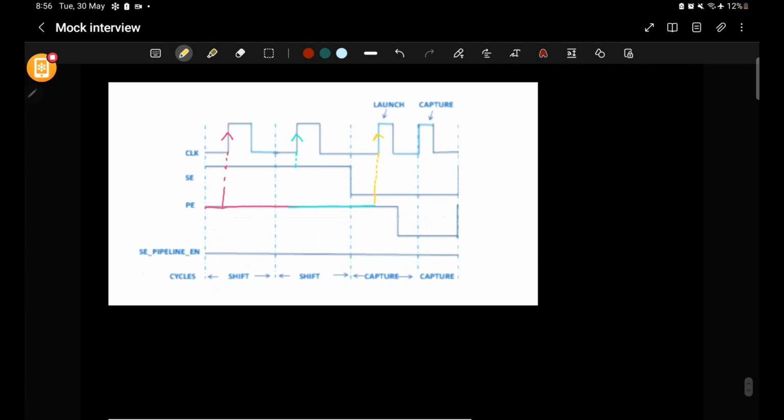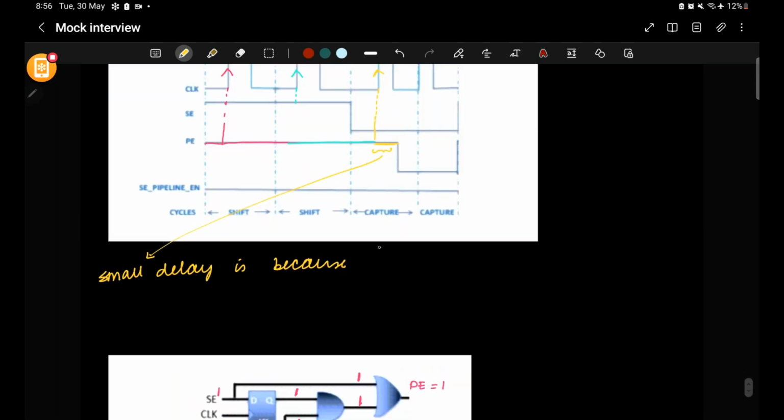Here, after a small amount of delay, it is becoming 0. This small delay is because of the clock-to-Q delay of the flop and the gate delay.